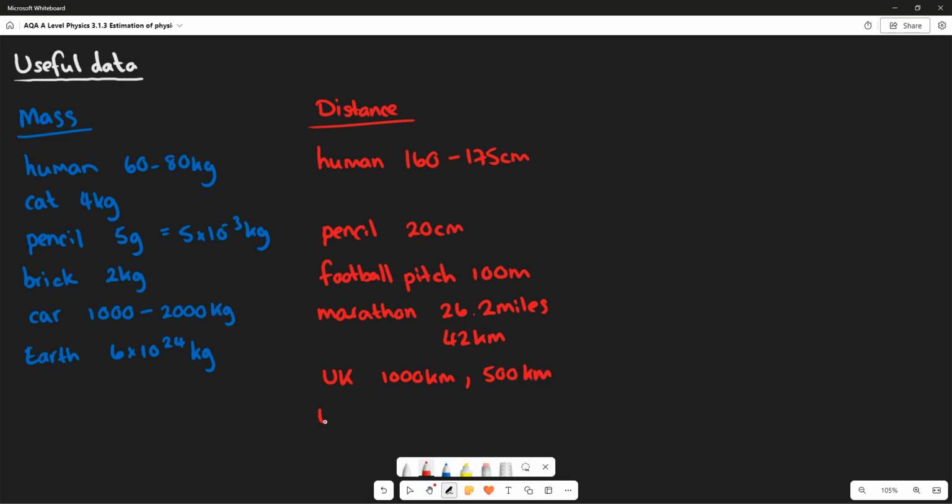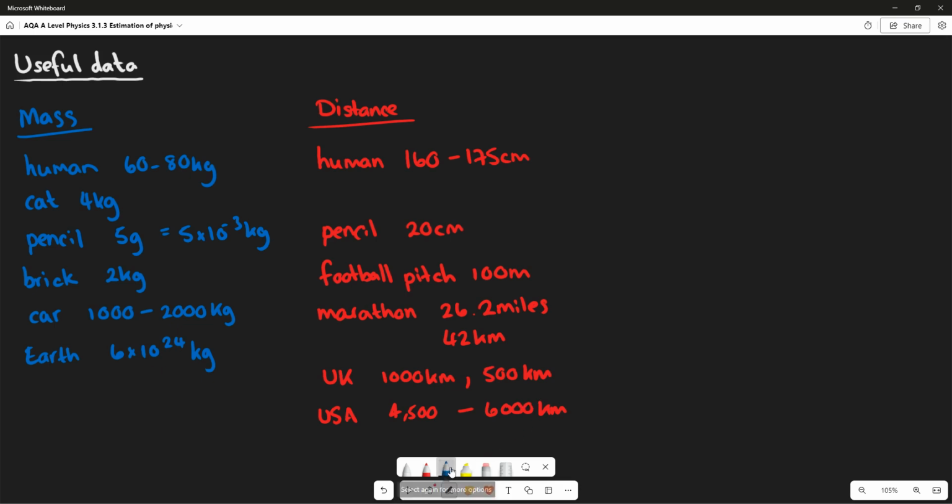The USA, in comparison, is much, much different. It's approximately 4,500 to 6,000 kilometres in dimensions. More locally, Liverpool to Manchester is about 55 kilometres. Manchester to London is 400 kilometres.